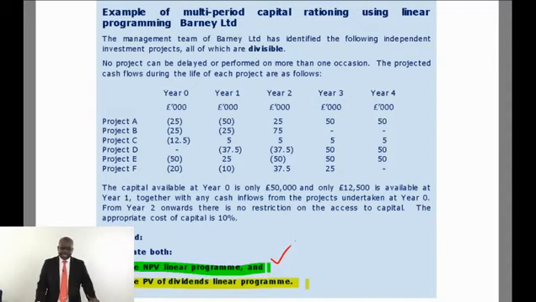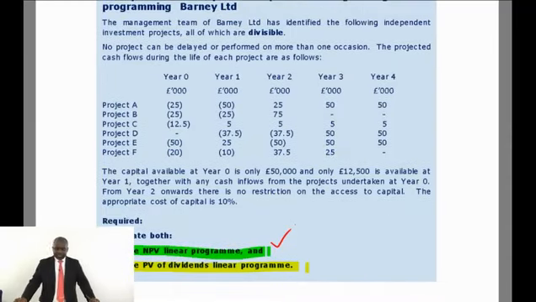The projected cash flows during the life of each project are as follows, year 0 up to year 4, project A up to F. The capital available at year 0 is only 50,000 and only 12,500 is available at year 1, together with any cash inflows from the project undertaken at year 0. From year 2 onwards, there is no restriction on the access to capital. The appropriate cost of capital is 10%.